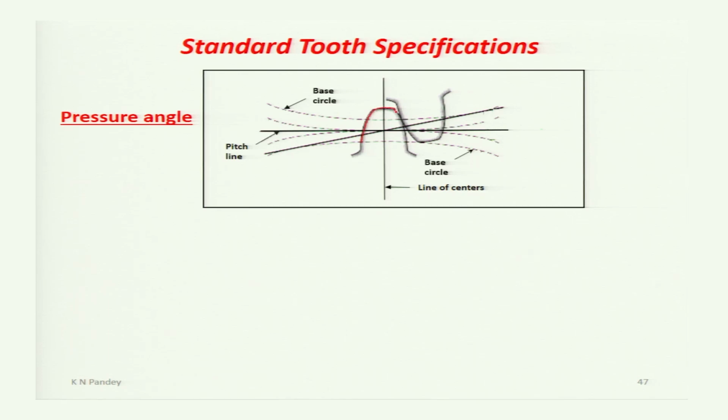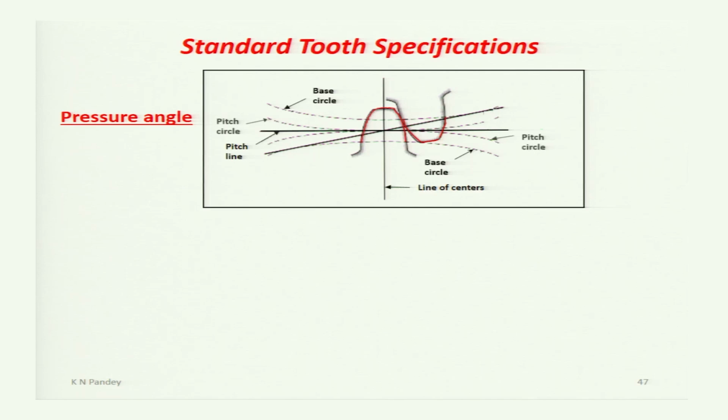Above the base circle, the involute tooth profile is generated like this for one of the gears, and for another gear, if the base circle is this one, then the involute tooth profile is generated above the base circle, and it will be like this. Below the base circle, the profile will not be involute, it is non-involute.